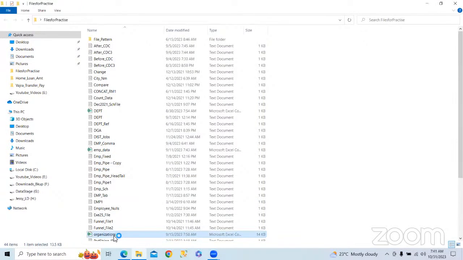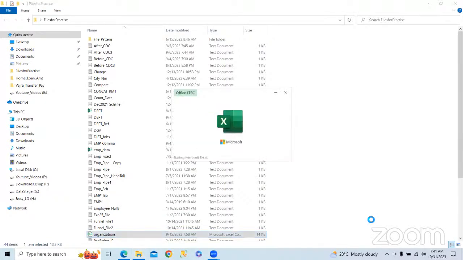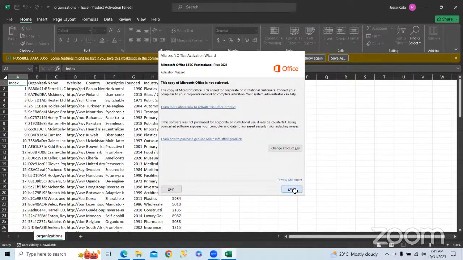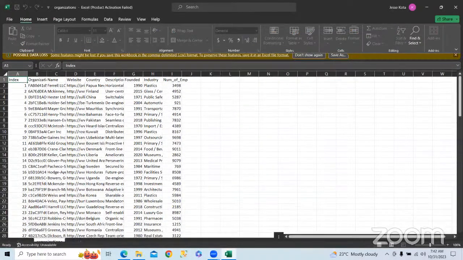Okay, so let's see here, organization. So here we have the data in a form of .csv file.